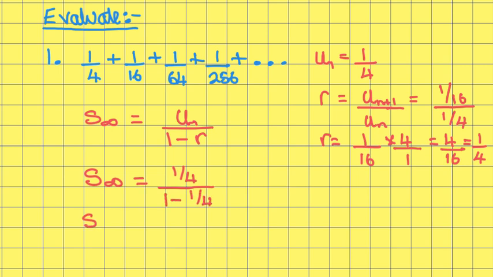So the sum to infinity is equal to a quarter divided by 3 quarters. Therefore, we get a quarter times 4 over 3, which is equal to 1/3.